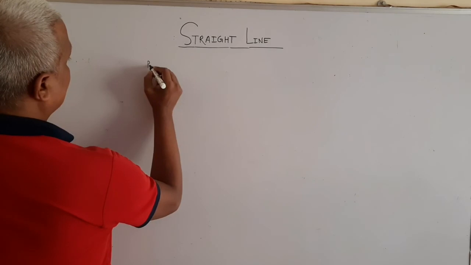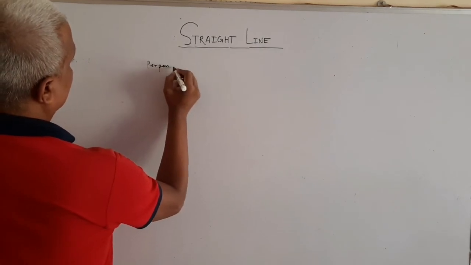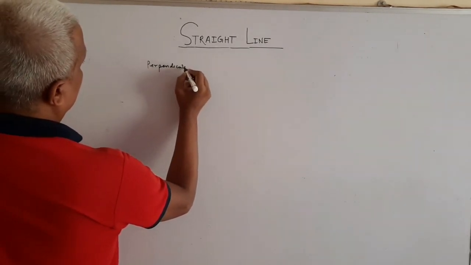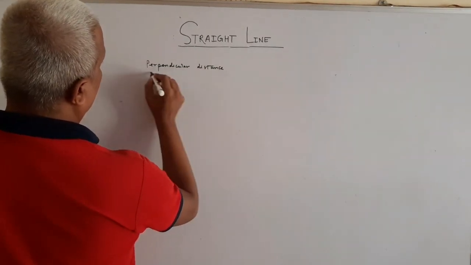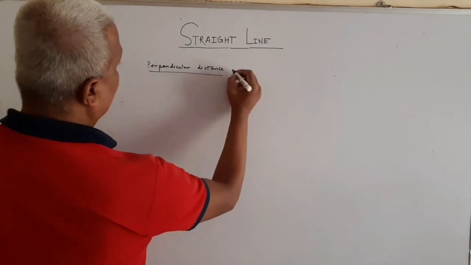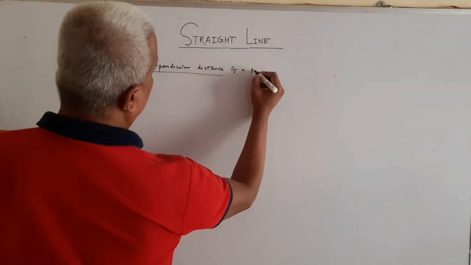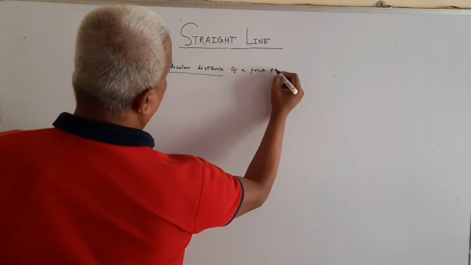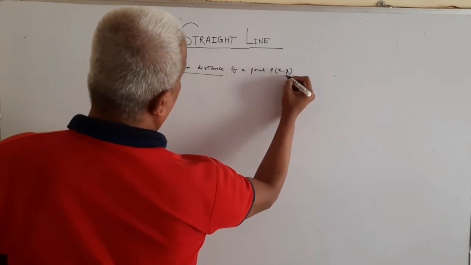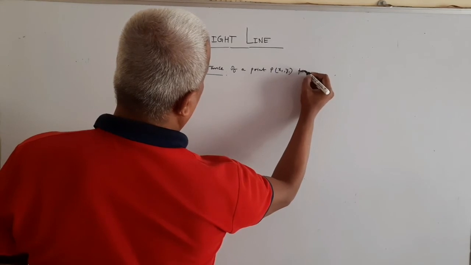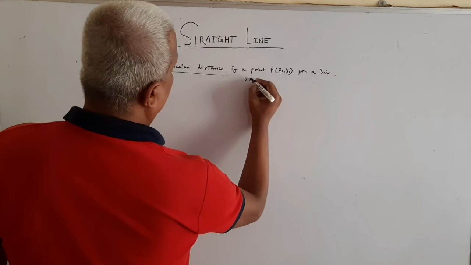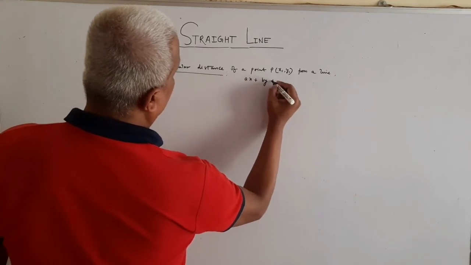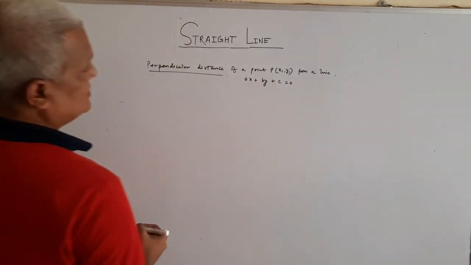Now we have to find the perpendicular distance of a point P (x1, y1) from a line ax plus by plus c equal to 0.